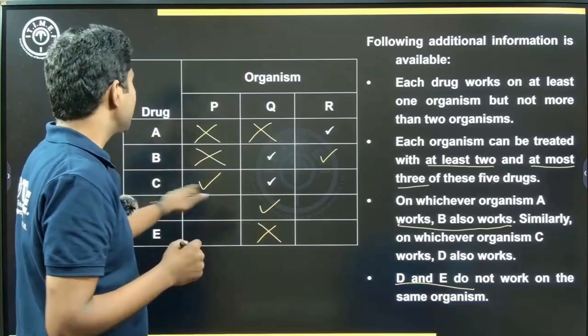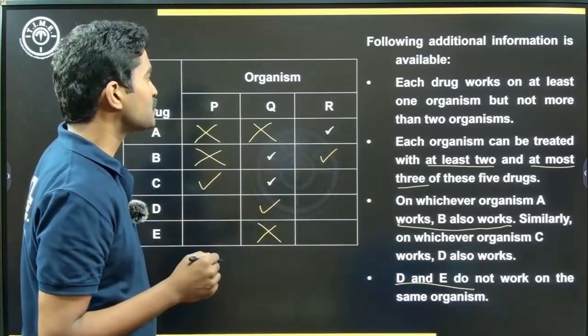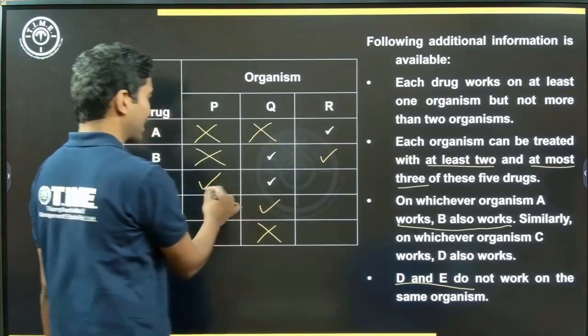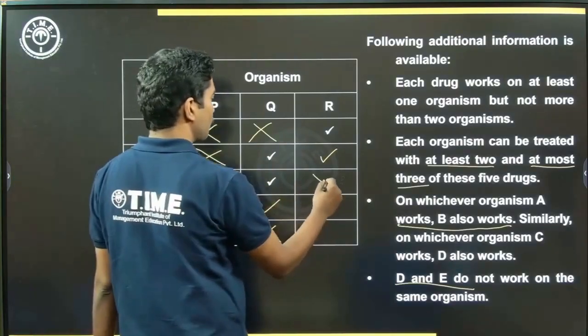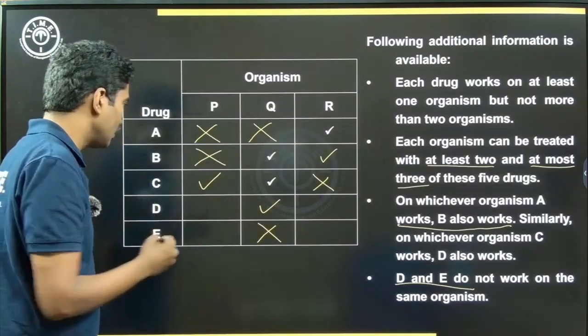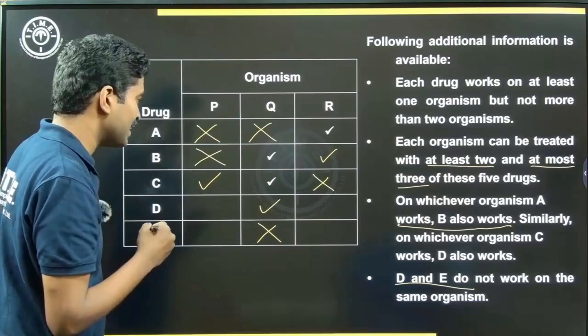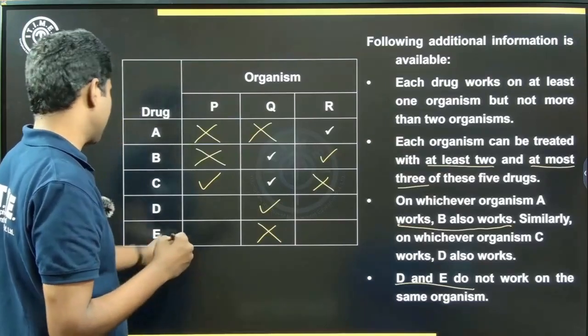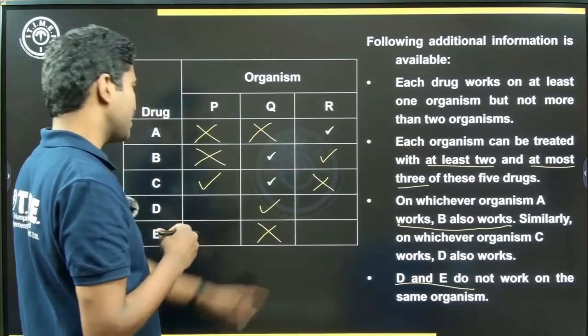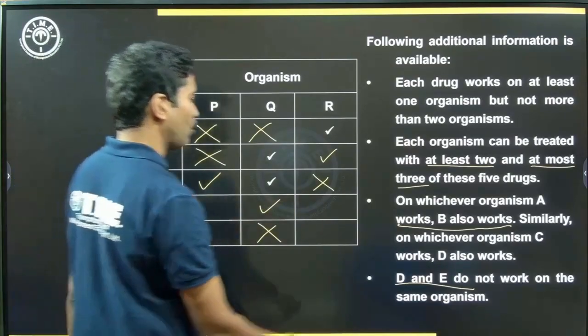Now C, check this. Each drug works on at least 1 but not more than 2. C already works on 2 organisms, P and Q. So C cannot work on R, correct? So coming down here once again. Now check this. Check E. Whichever organism C works, D also works.